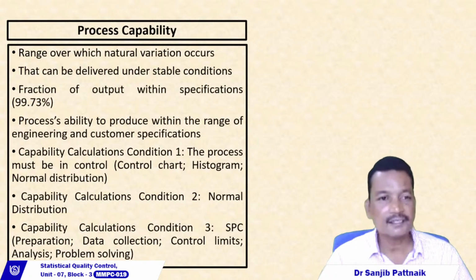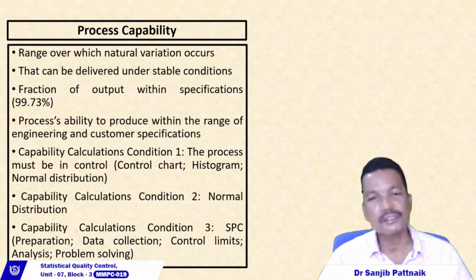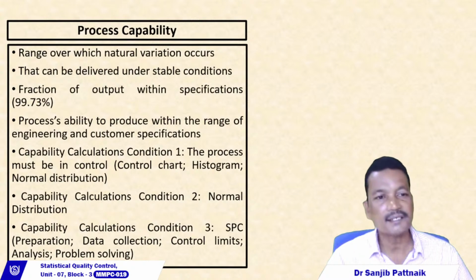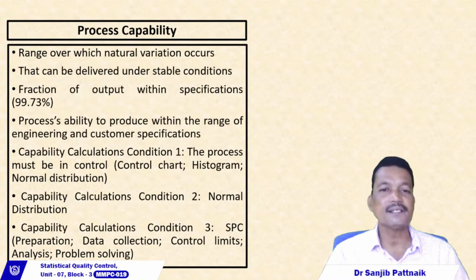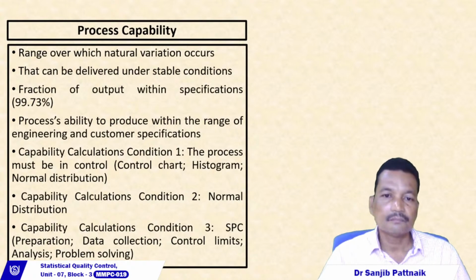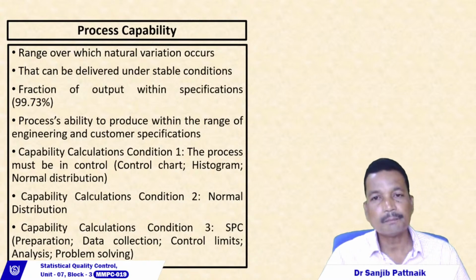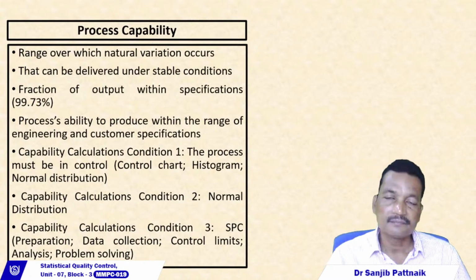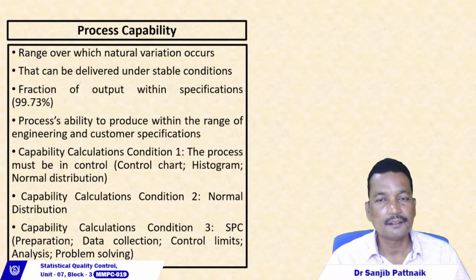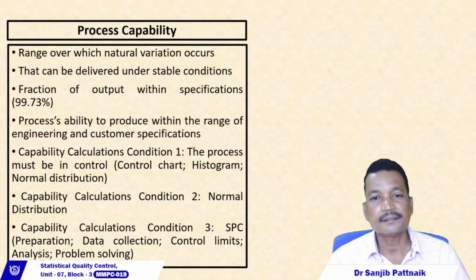We say that it is the fraction of output within certain specification. To be specific, we say that it is 99.73%. Come back to our example of pen and its body. How much the diameter of the cap can be so that it fits the body of the pen.